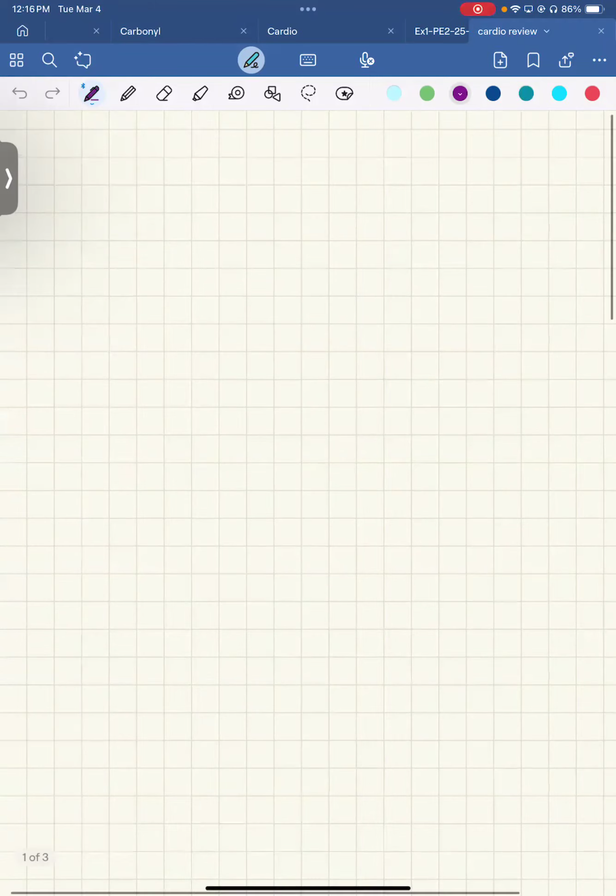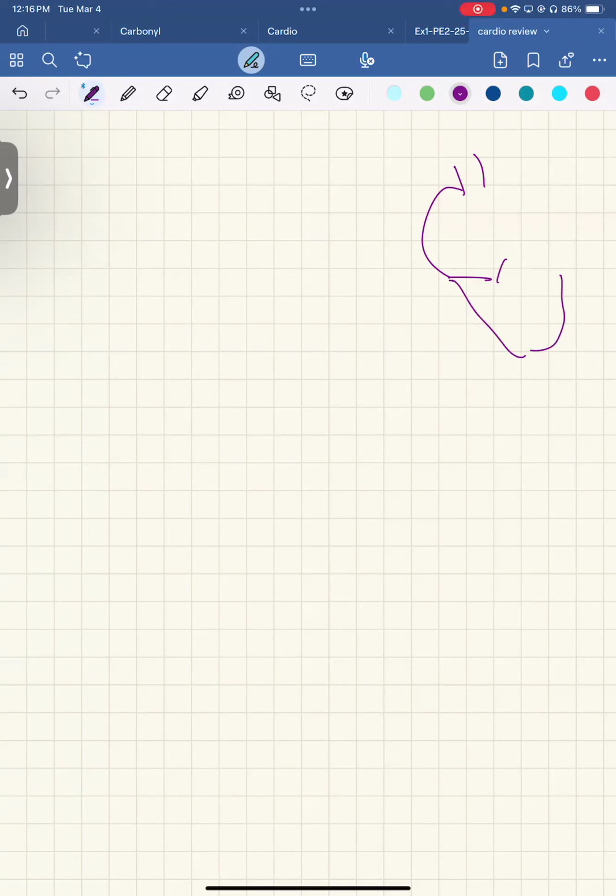So let's say this is our heart. I'm going to do a very rough diagram of it. So this is your atrium, this is your ventricle, these are the atrioventricular valves, the AV valves.